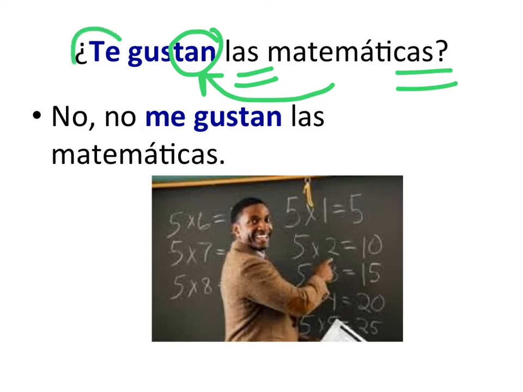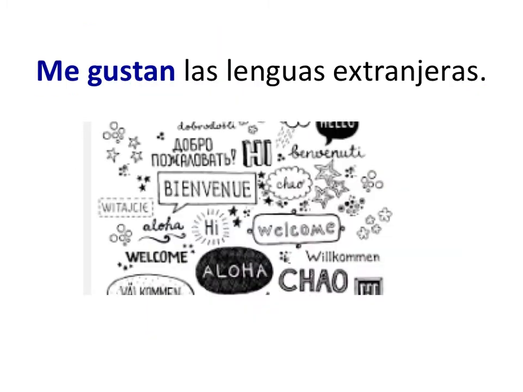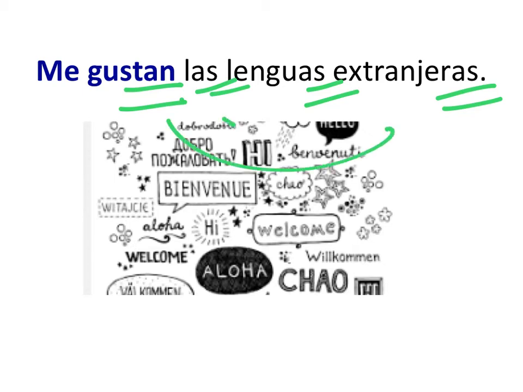But notice, you and me, nothing changes, okay? All right, y me gustan, plural, because why? Foreign languages. Right, exactly, foreign languages. Las lenguas extranjeras, it's all plural, so we use the plural form of our verb, okay?